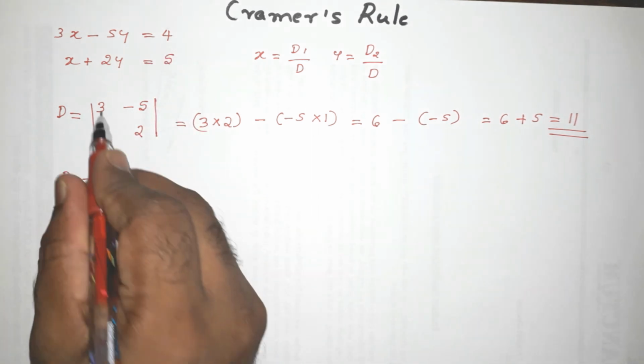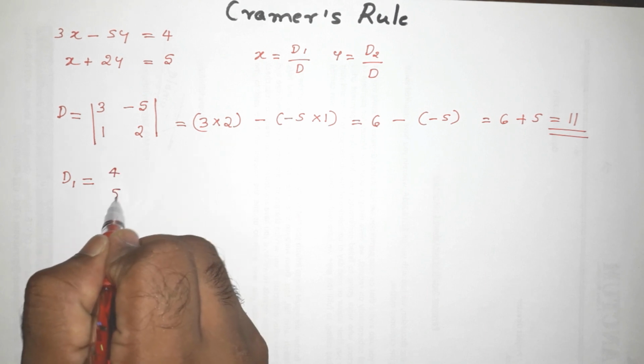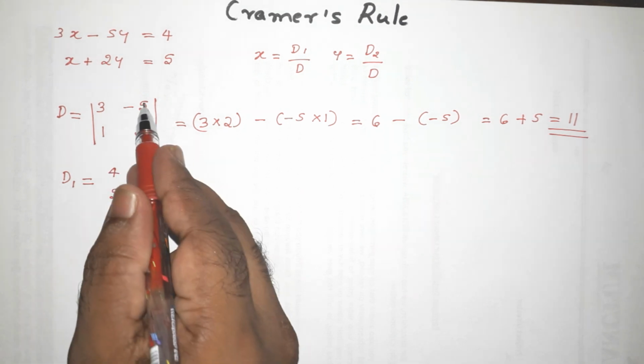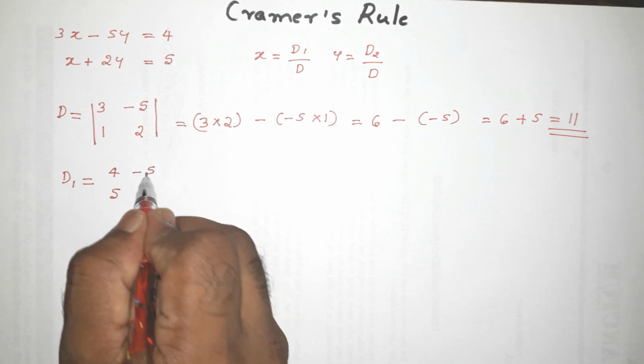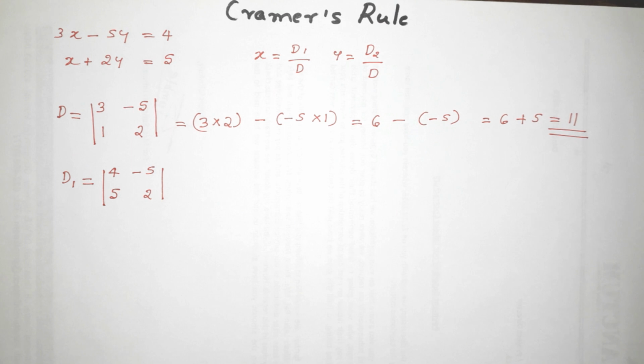That is, instead of 3 and 1, I will write 4 and 5. The second column is as it is, minus 5 and 2. So the difference between delta and delta 1 is only the first column, which has to be replaced by the answers.